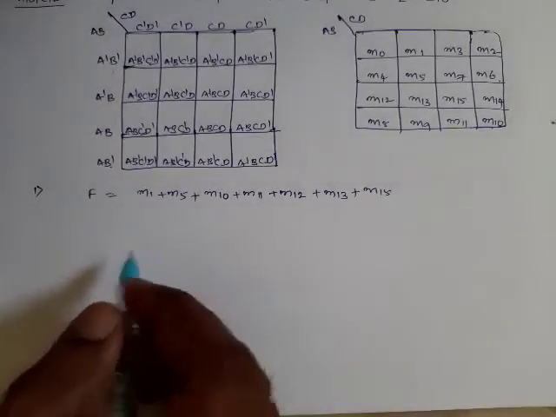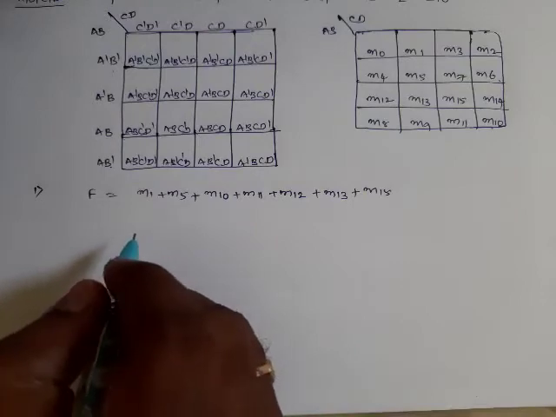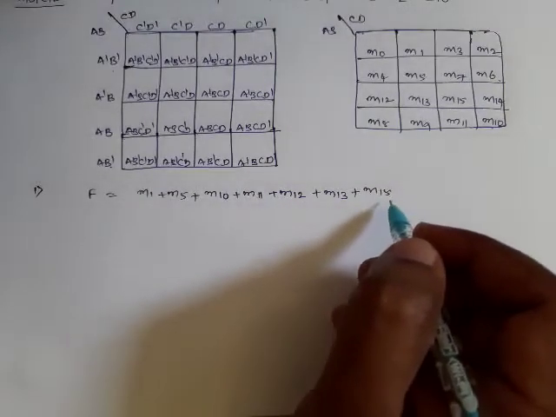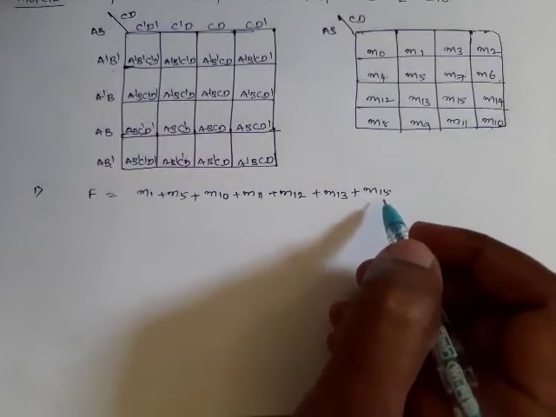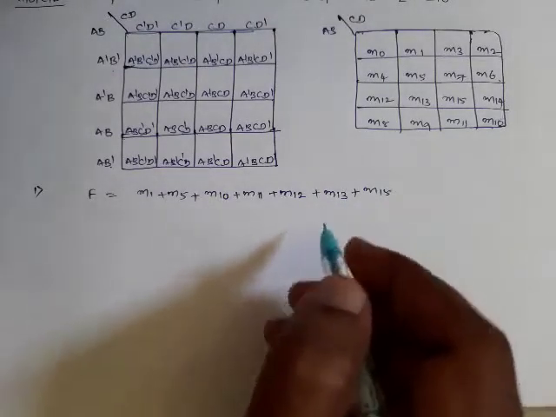So in the simplification procedure, the first step is to construct a 4 variable kmap, and you can see that the highest min term is 15. So that means it's a 4 variable function.